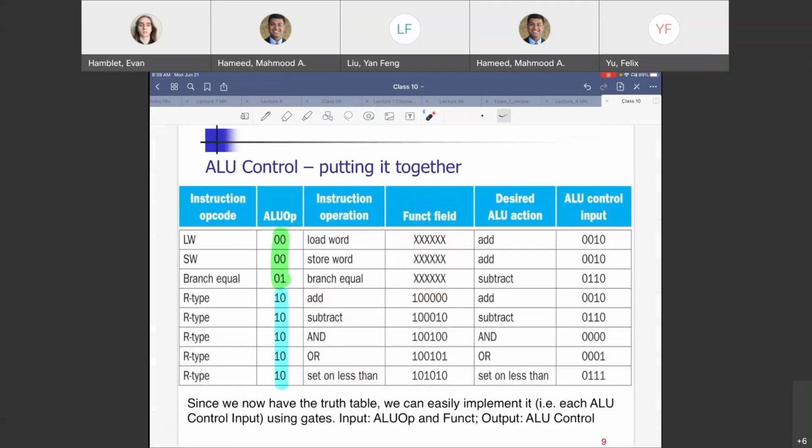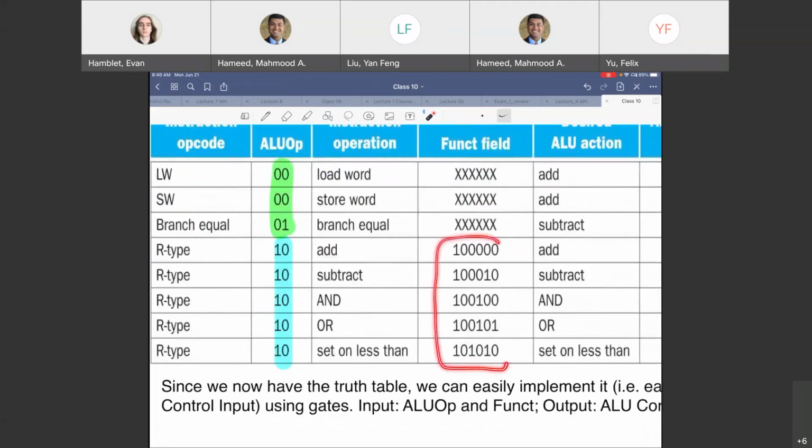However, once you get into the function field for add, subtract, and, or, and set on less than, then the function field is going to matter, because the last 6 bits are the function field. So here, how is that constructed? The first 2 bits of that function field are actually the 2 bits coming from ALU op, directly 10, because 10 is for R-type ALU op.